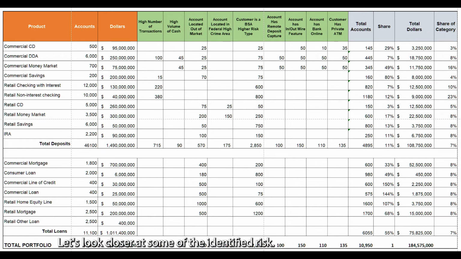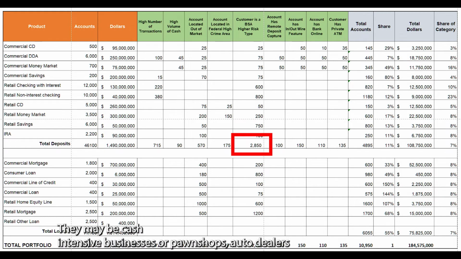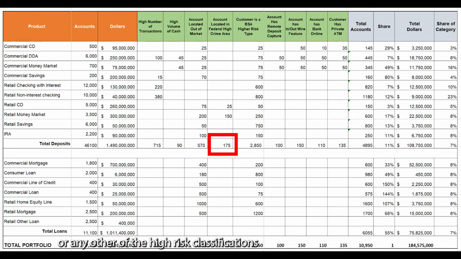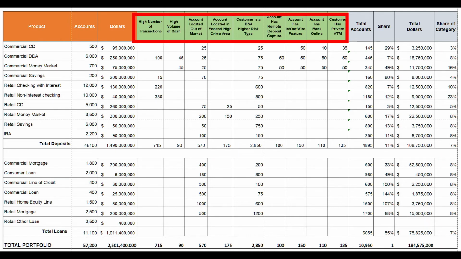Let's look closer at some of the identified risk. Note there are 2,850 customer types that the rules classify as high risk. They may be cash-intensive businesses or pawn shops, auto dealers, or any other of the high-risk classifications. And notice there are 175 accounts in a high-risk geography like a HIDA or a HIFCA.